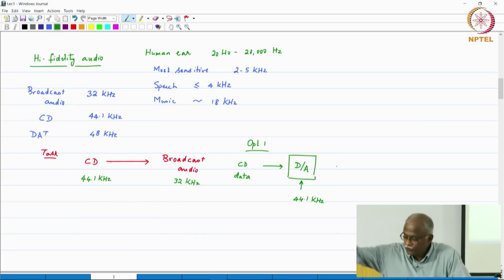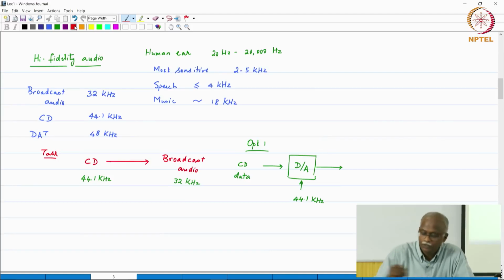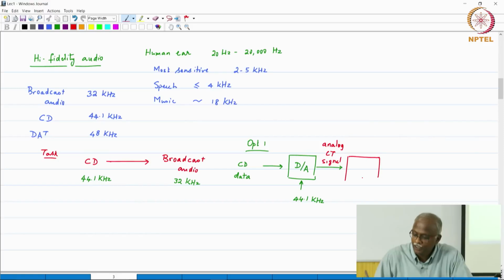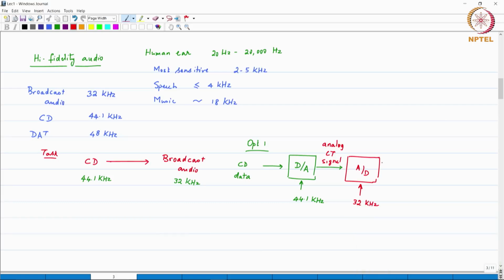Once you do that, what you have is an analog or continuous time signal, a CT signal, which you can then pick up like any other analog signal and sample at 32 kilohertz, and then get your broadcast audio.